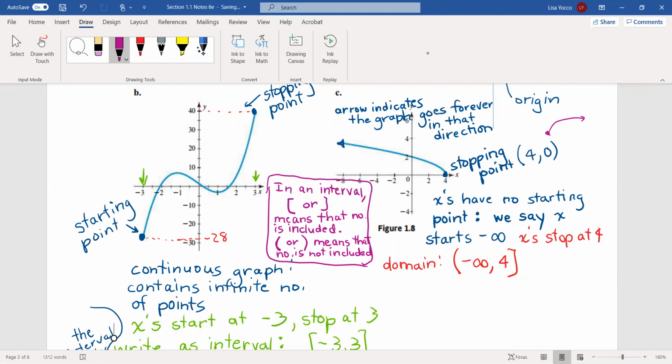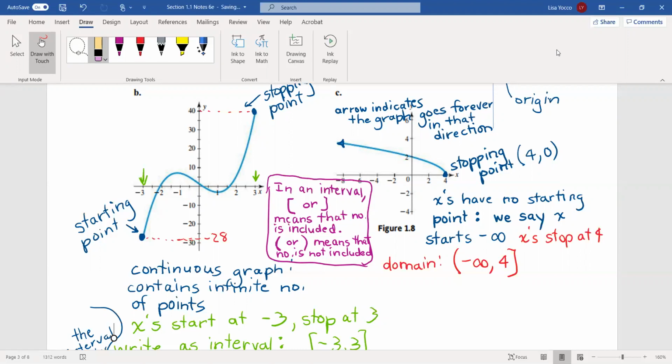Yeah, I mean, it's either going to extend all the way to the left or all the way to the right. And sometimes it goes both. Sometimes it extends all the way in both directions. A lot of times it does.